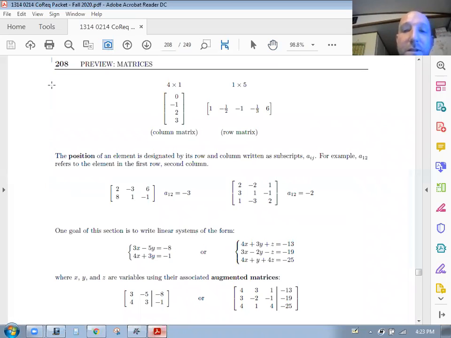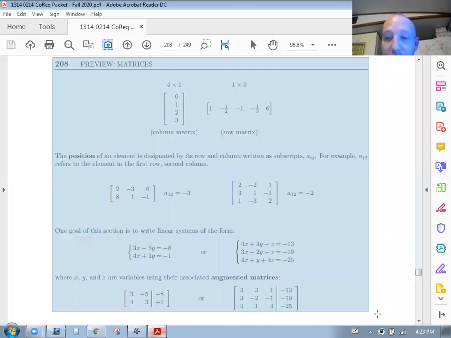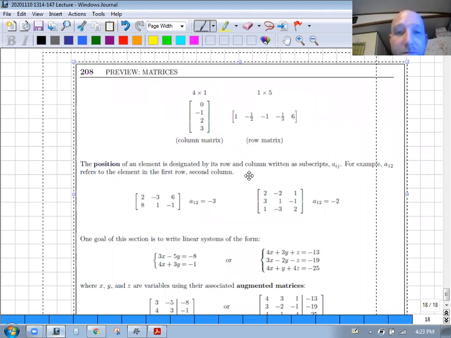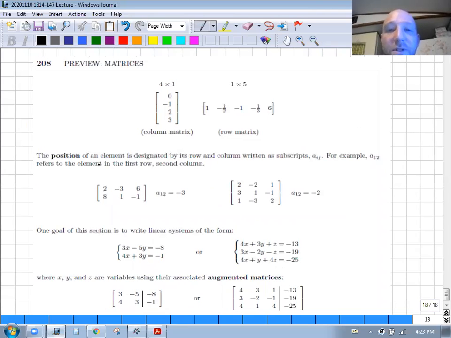Let's see what they say here. All right, the position of an element is designated by its row and column written as subscripts, a sub ij. For example, a sub 1, 2 refers to the element in the first row, second column.